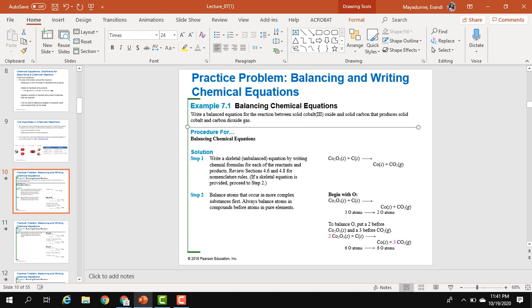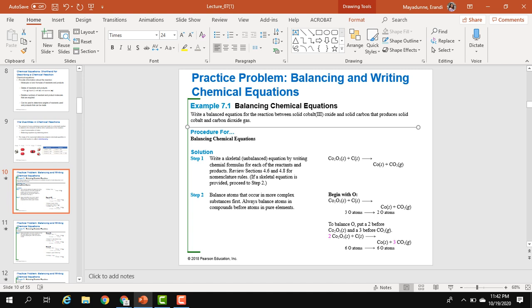Before balancing, let me read the question for you. Write a balanced equation for the reaction between solid cobalt oxide and solid carbon. In every chemical reaction, there is a reactant which reacts and produces products.